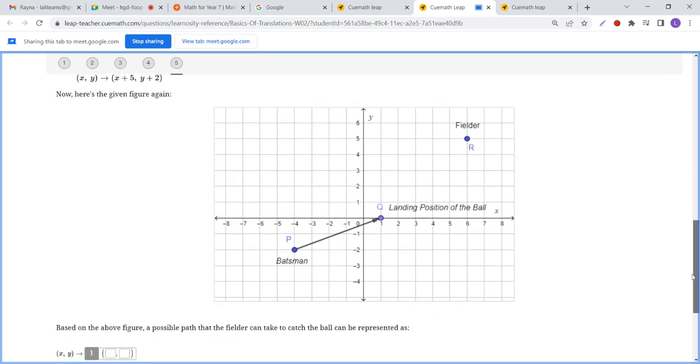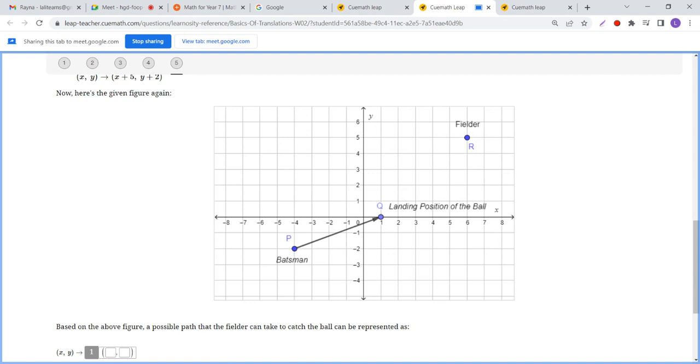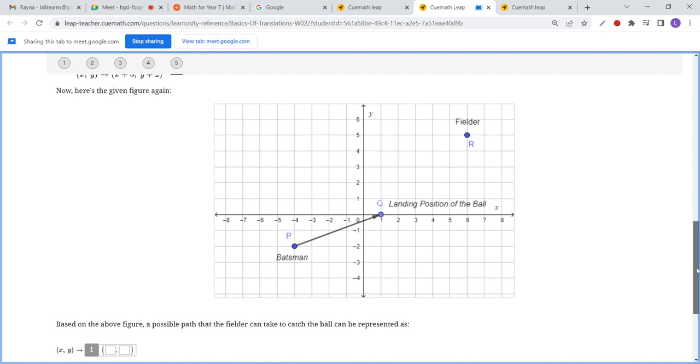Now here again the figure is given. Based on the above figure, a possible path that the fielder takes to catch the ball: what would be the x and y axis? You need to give x and y for the possible path. So it will be x plus 5 and then y plus 5.